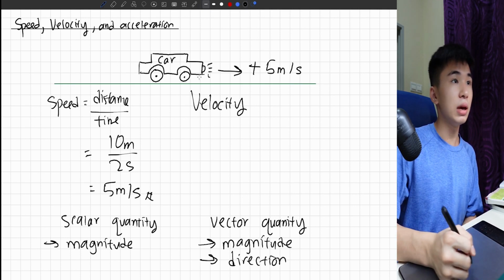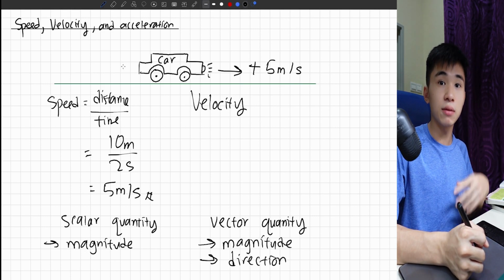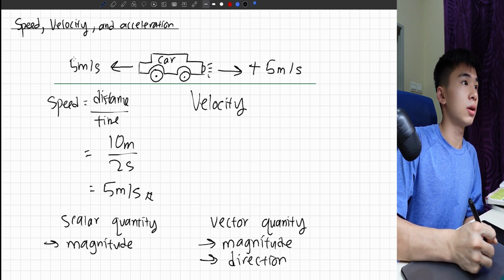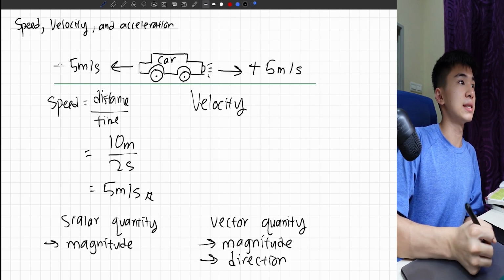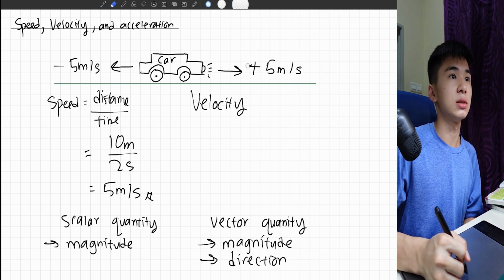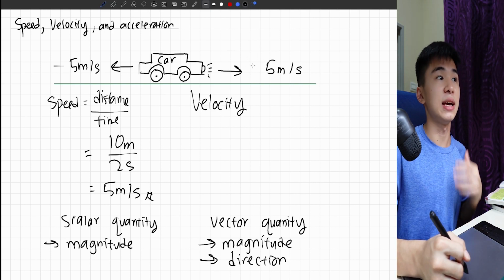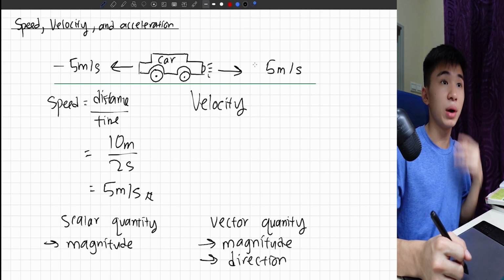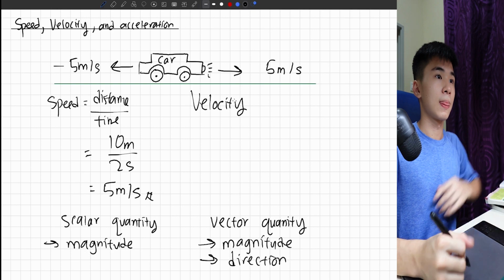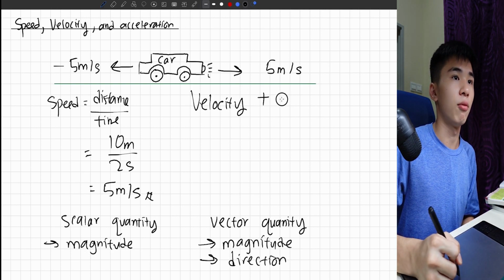If this car is going to reverse at the same speed, 5 meters per second, we will put a minus sign here. Normally we do not put this plus, we just put it like this. Actually, we have a plus sign here, it's just invisible, we can't see it, but we know it is plus. So this is velocity, it has direction in it, it has plus or minus.